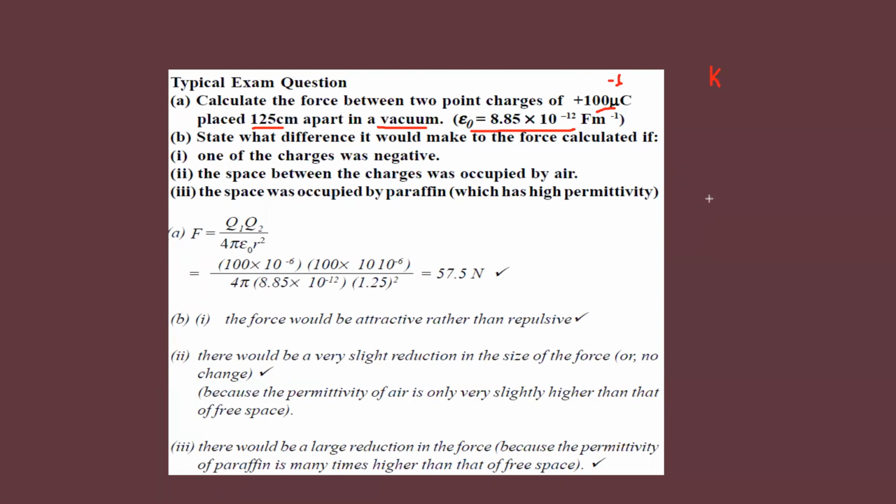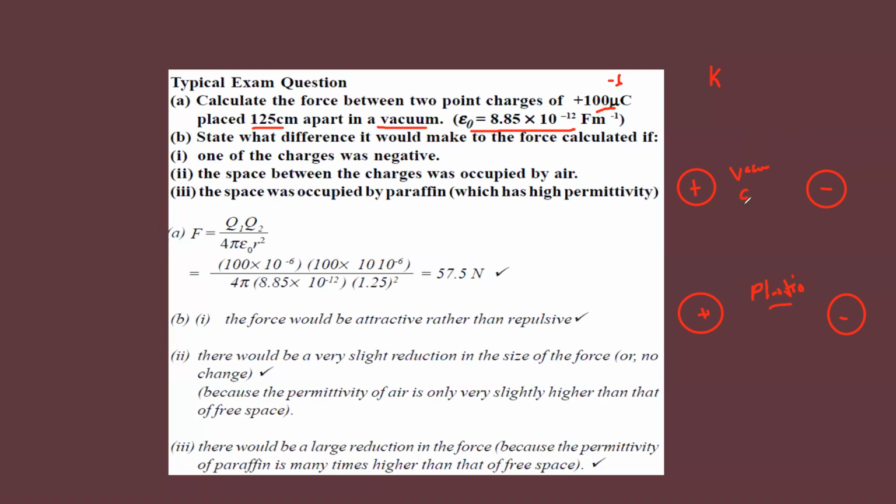For example, if you have two charges and between the two charges there is a vacuum, and the same two identical opposite charges with the same magnitude are placed the same distance from each other but there is, for example, a plastic between them, the force experienced by the two charges in a vacuum will be different from the force experienced by the two charges of the same magnitude when another material, for example a plastic, is there.